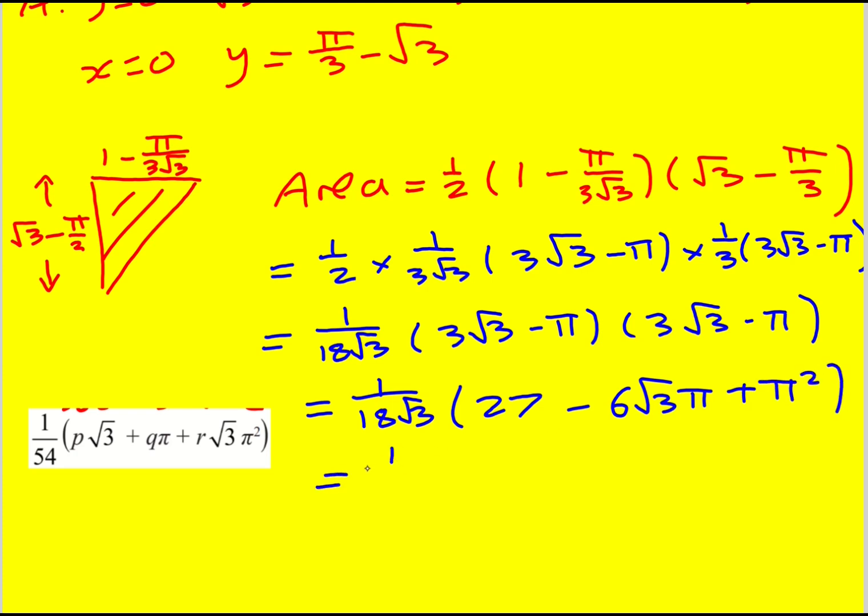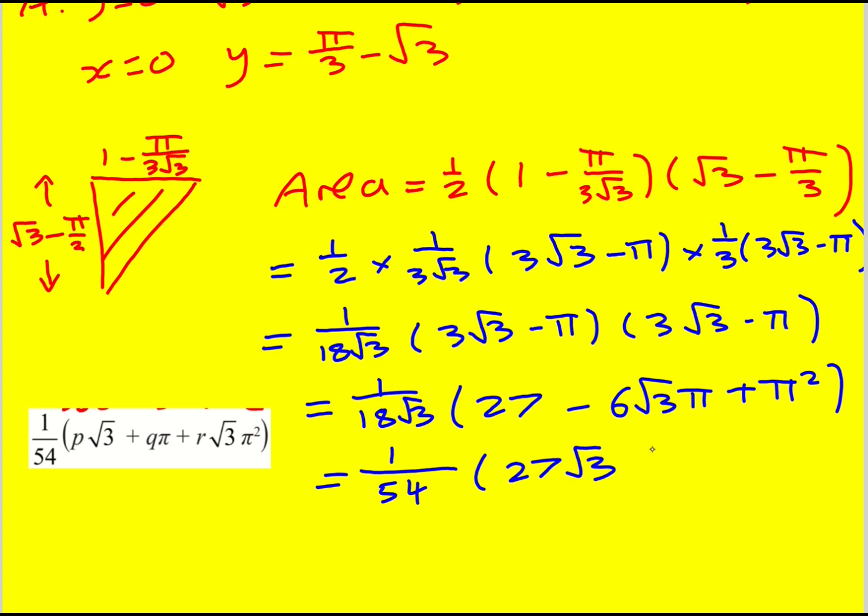Okay, just to finish then, I am going to factorize out another 1 over root 3, which is going to give me a 54 here, and I need to times through the bracket by root 3. And this gets it in the right form. I actually think this is a slightly nicer way of leaving it, personally. But they want the denominator rationalized, essentially.